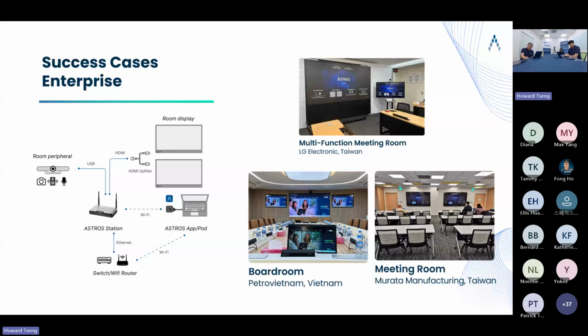But in some scenarios, you can see we have multiple screens here, right? So when we only have one station, how do we share the screen to multiple displays? In this diagram, we also connect USB to the room devices and the HDMI here, and we can add one more HDMI splitter to share our HDMI signal to two displays.